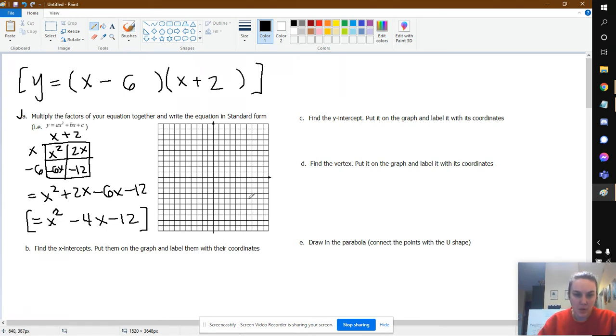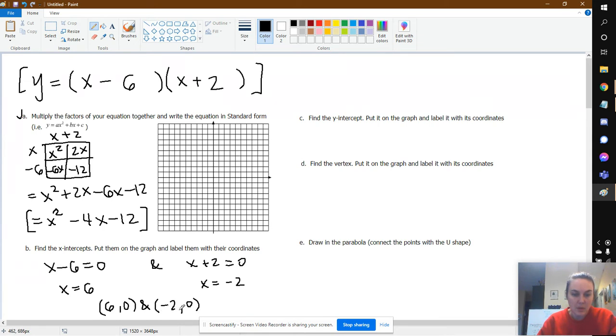The first thing we're going to do is use the factored form, the original form that we were given, and set each factor equal to 0. When we solve for x, we get 6 and negative 2, meaning our two x-intercepts are 6, 0 and negative 2, 0.